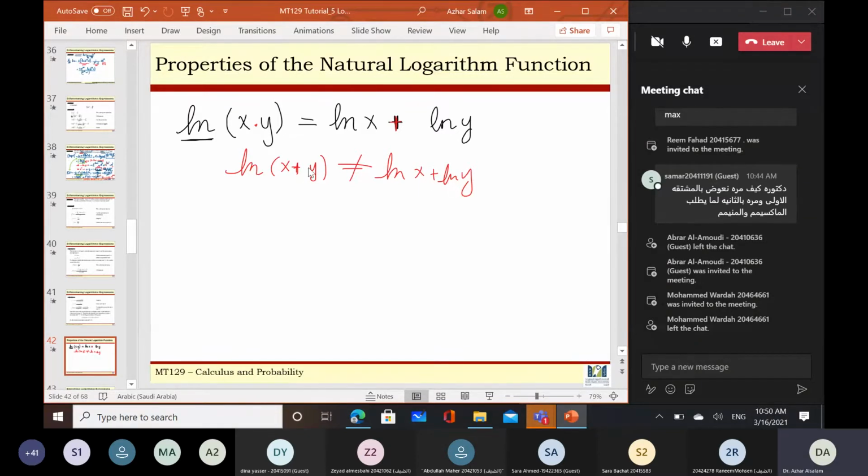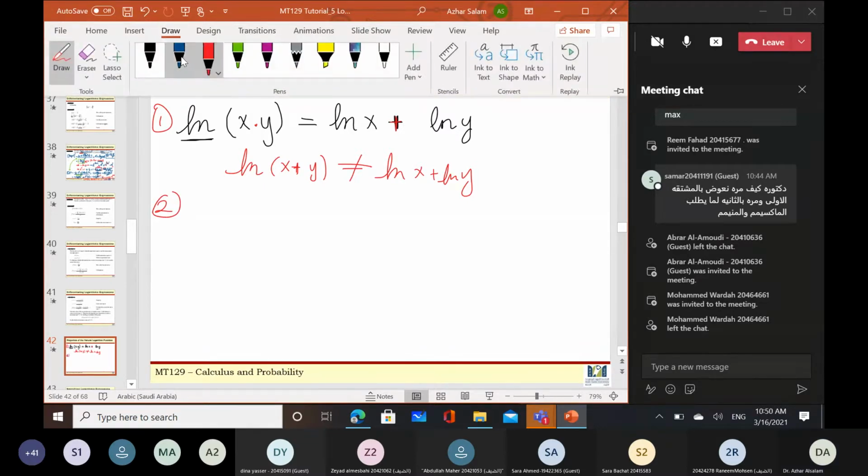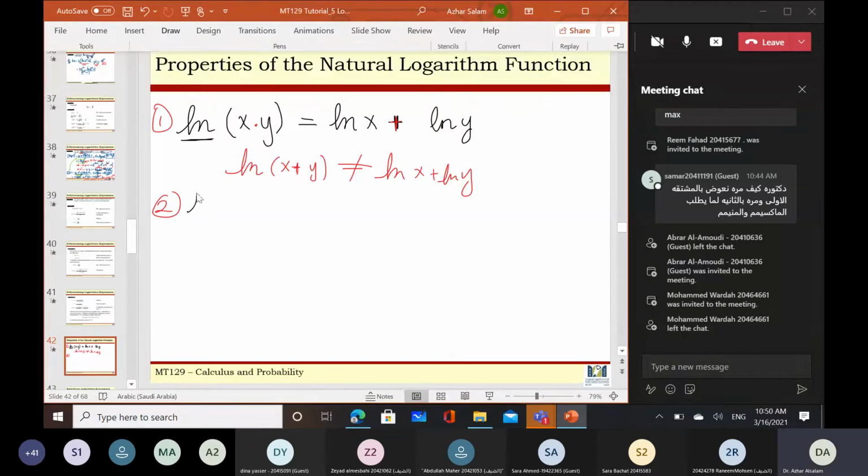Okay, this is wrong. So this is the first property. The second property: if I have a logarithm, here I had the product, so I will apply it on the quotient or the division.